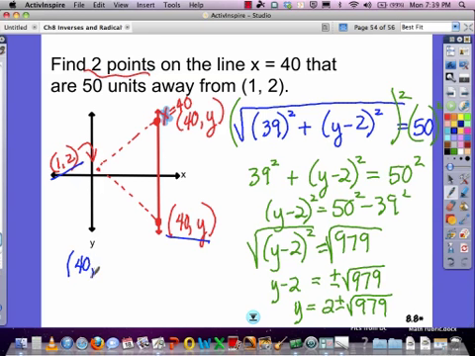One of them would be (40, 2 plus the square root of 979) for the y, and the other one would be (40, 2 minus the square root of 979). Now, yeah, we could turn those into decimals. That would be very messy, but what's the point here when they were just asking, we got an exact value. If they want them in decimals, there'll be direction that says round to the nearest hundredth or something like that.